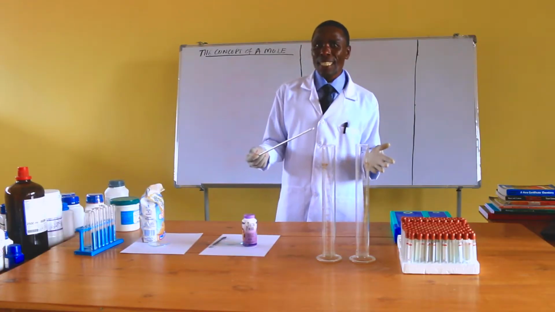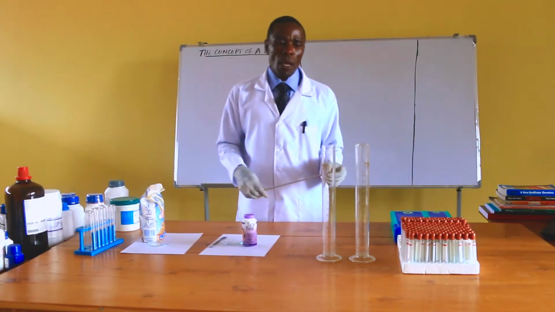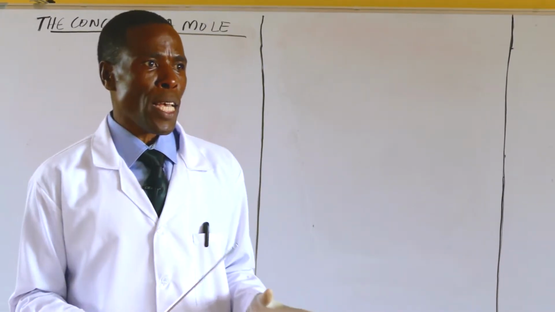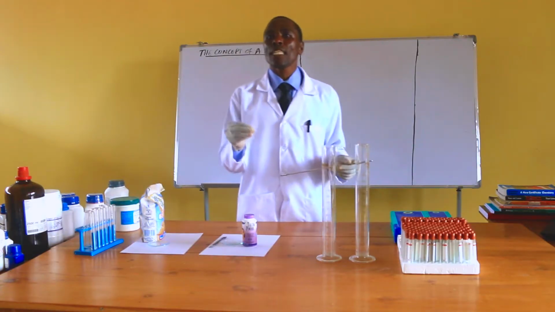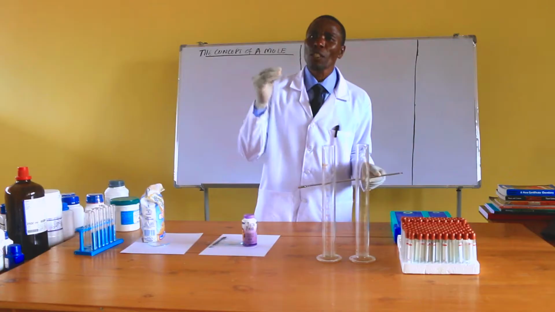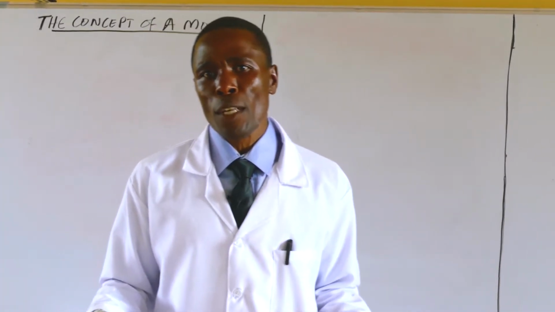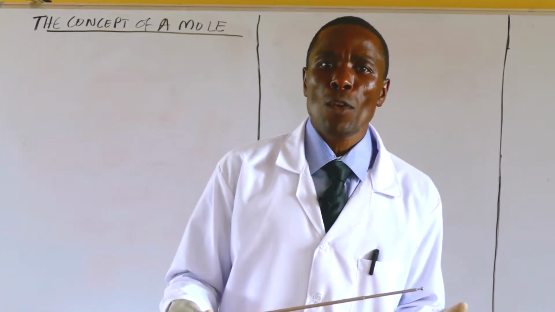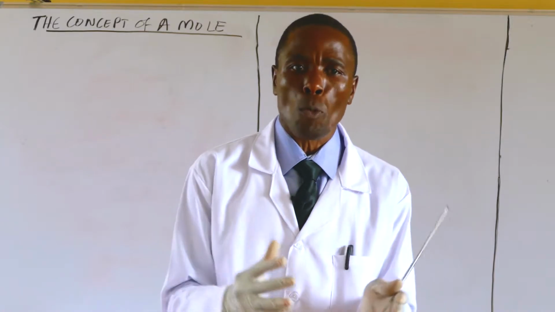Some are complicated, but then you can play back and then you get it better. In most cases we say that a mole is used as a unit in counting very small particles of substances. And a mole as a unit is used similarly as we count things in groups.